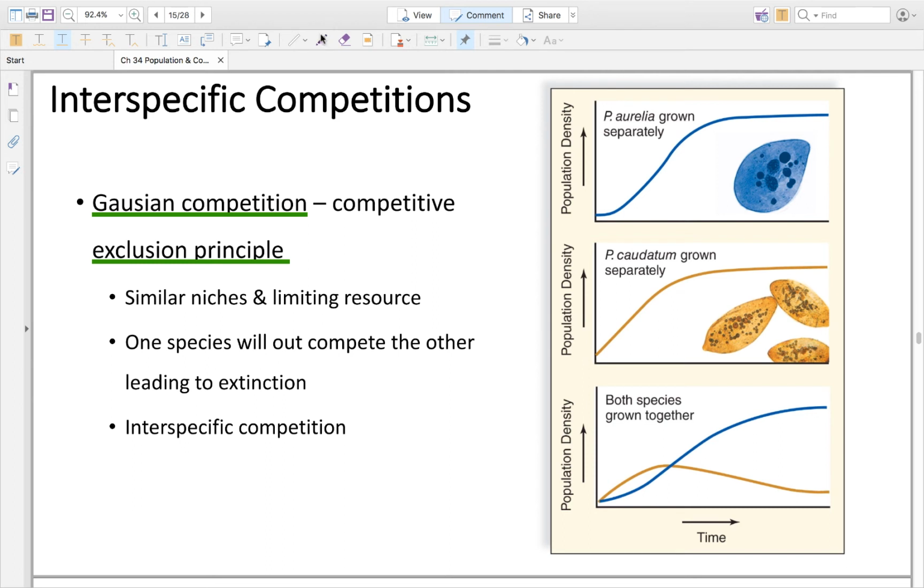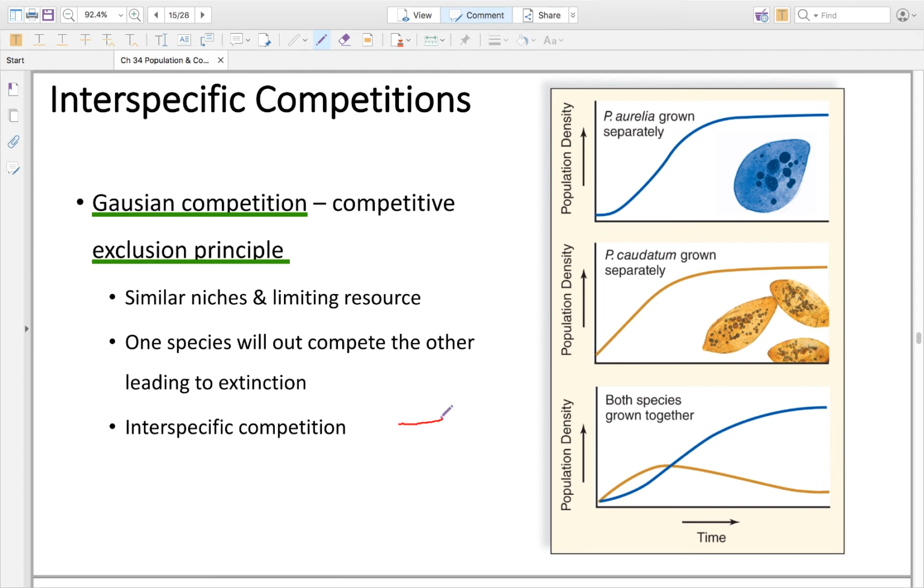So what he did was he took two different paramecium. So see how it says P. aurelia and P. caudatum. P stands for paramecium, and that's their genus, and this is their species. So he grew them separately in a different flask.